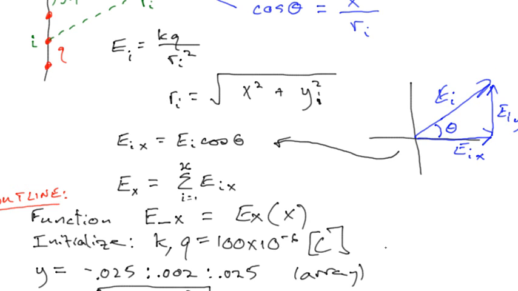We can say that E_ix is E_i times x over R sub i. I think I want to keep on going with that. Is that good?